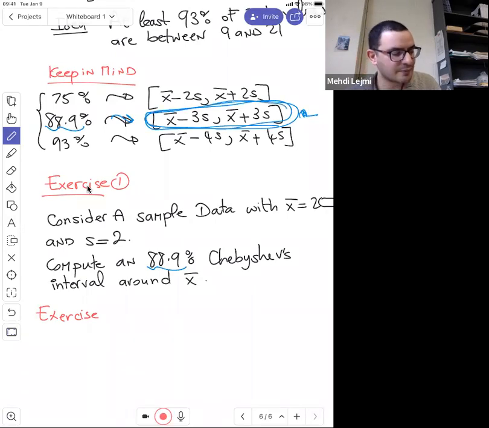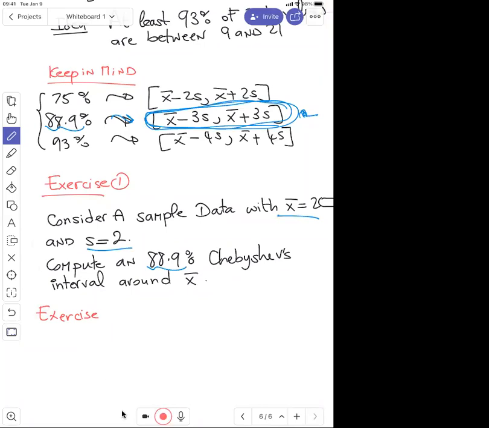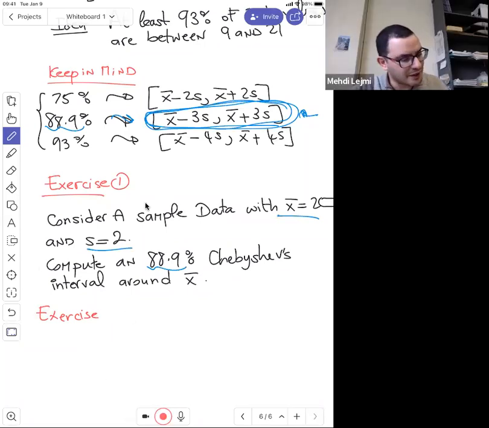X bar is given and s is given, so all you have to do is compute x bar minus 3 times s and x bar plus 3 times s. Yes, it is 3, that's the theorem.